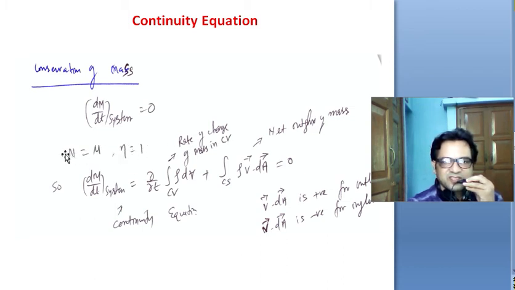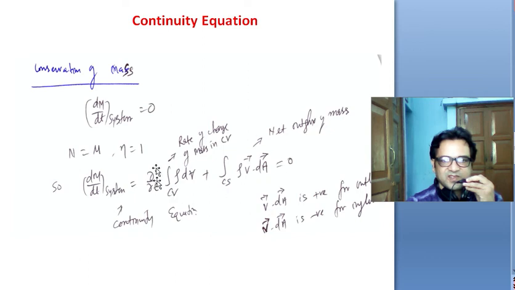So put this N and eta in the Reynolds transport theorem, and we will get the left hand side as 0 and the right hand side with eta equal to 1. So del by del t integration of rho dV, volumetric integral, plus integration of rho V dot dA, surface integral, equal to 0.